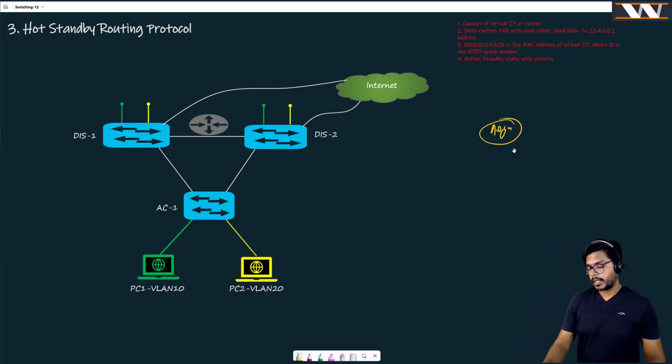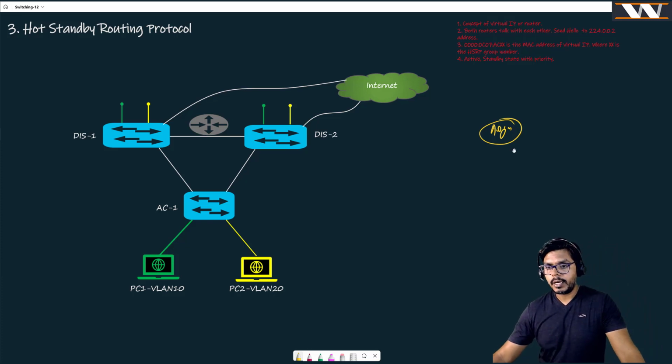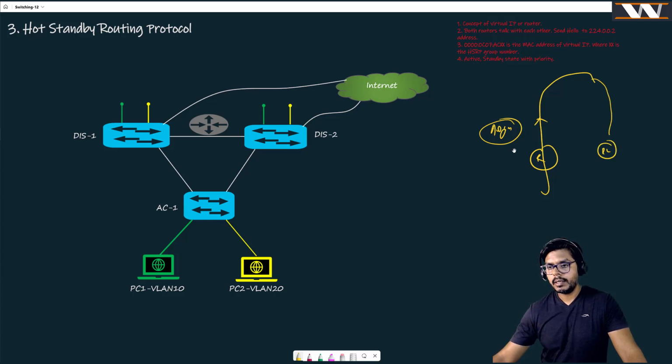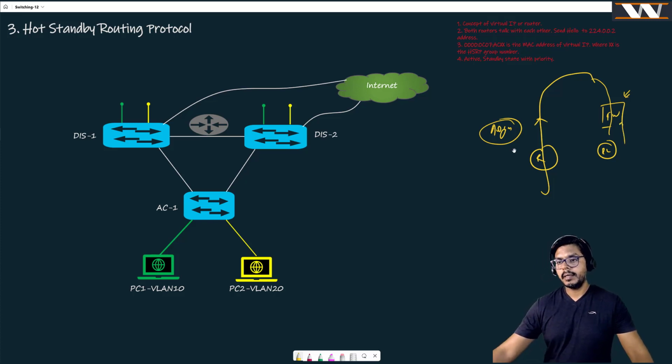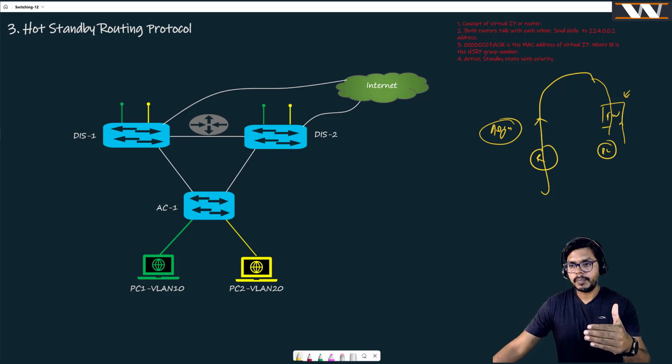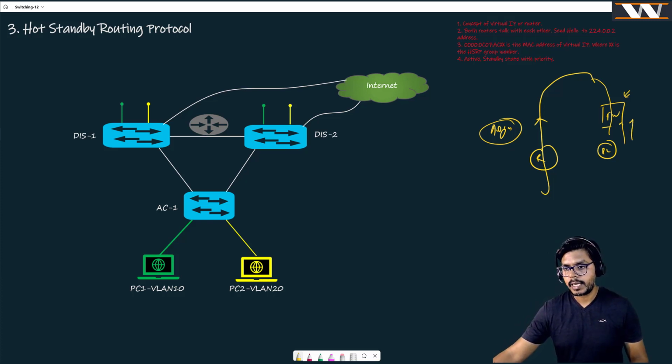For example, if your traffic is going from this router and coming back from another router, and you have a firewall somewhere here, this firewall will not see the traffic which is incoming, and a firewall basically lets the traffic come only if it is initiated from the inside port, by default. So in this case, the asymmetric routing is a problem.